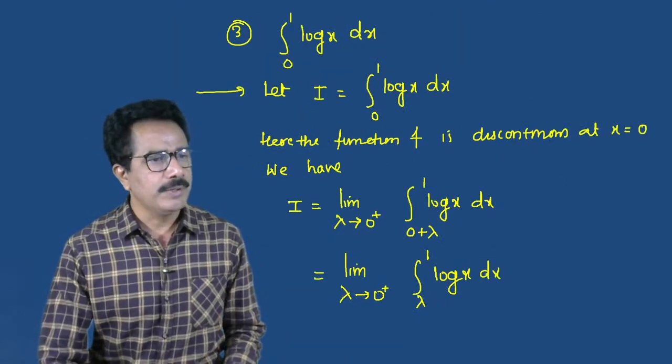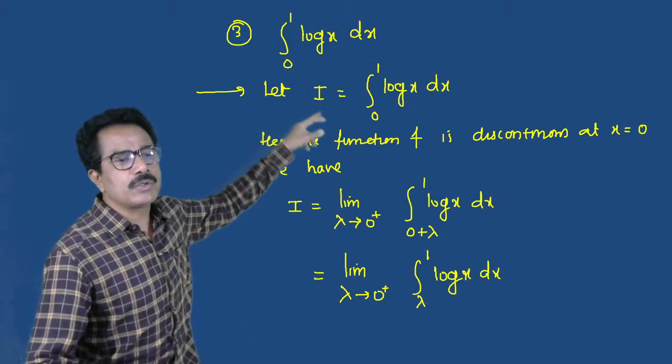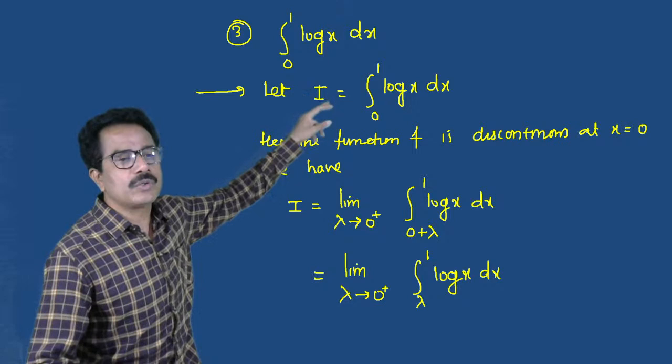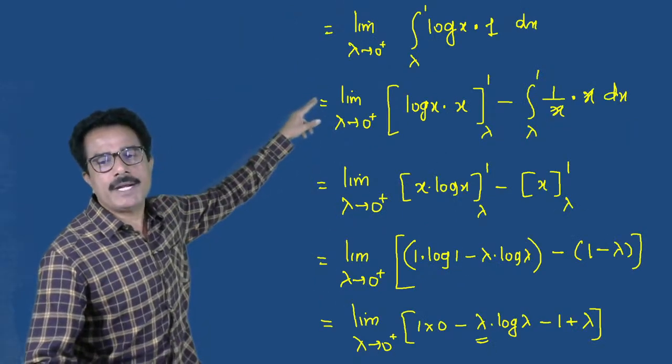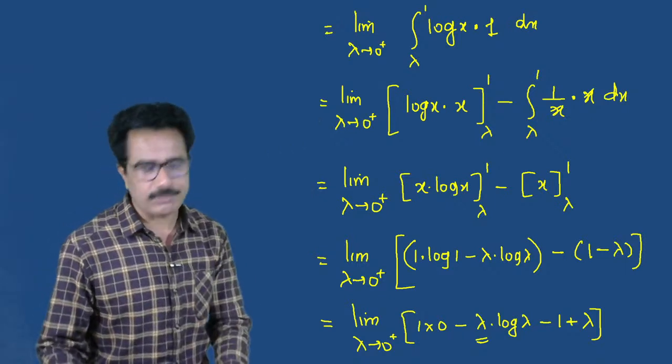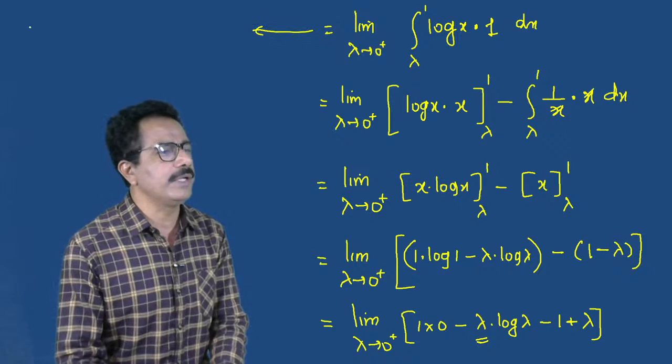Okay, in the last lecture we have seen this example, the integral from 0 to 1 of log x. We have to use the product rule, the by-parts rule, the u into v rule.